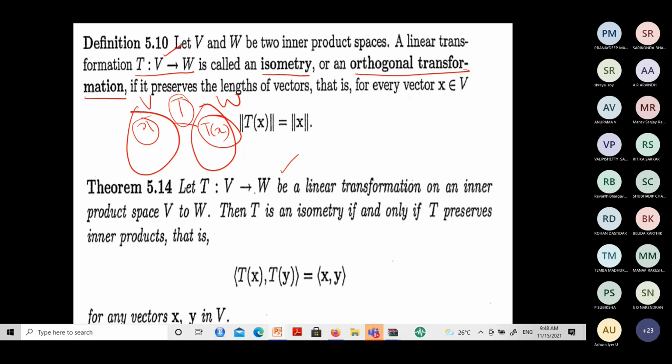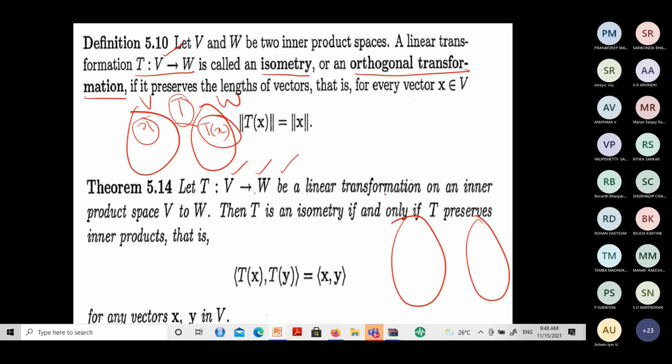One more theorem says something about this. Let T from V to W be a linear transformation, where both are inner product spaces. Then T is an isometry if and only if T preserves inner products. Not only does it preserve lengths, it also preserves the inner product.